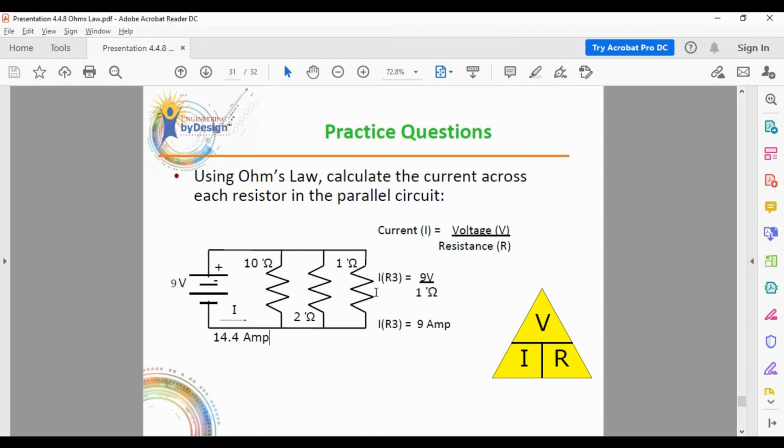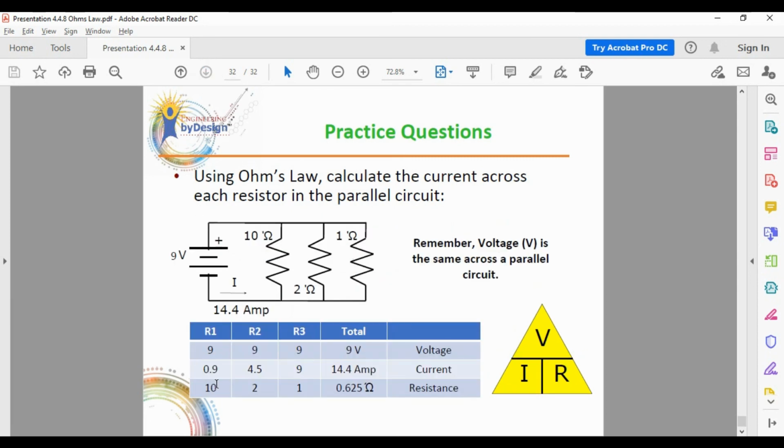The one resistor was a 9, the middle resistor was 4.5, which is half of this current, and 4.5 divided by 5, because this is 5 times larger than 2, is 0.9. So all of those numbers work out, and if you add them all together, look at what you get. You get that total current from the original problem.